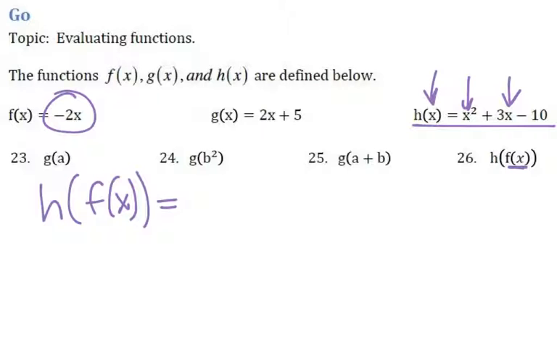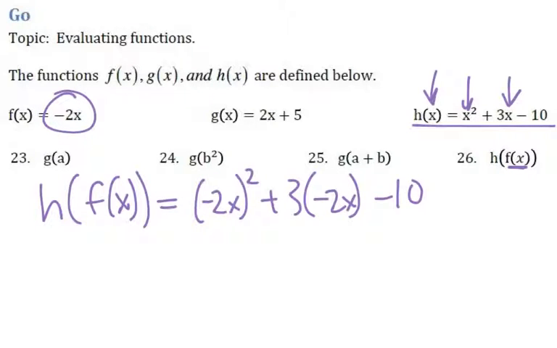So now, instead of x squared, I go negative 2x squared plus 3 times negative 2x minus 10. Now we can simplify. This negative 10 stays negative 10. 3 times negative 2, negative 6x. This 2, remember, we can distribute when we're multiplying inside it. So negative 2 squared is 4x squared.